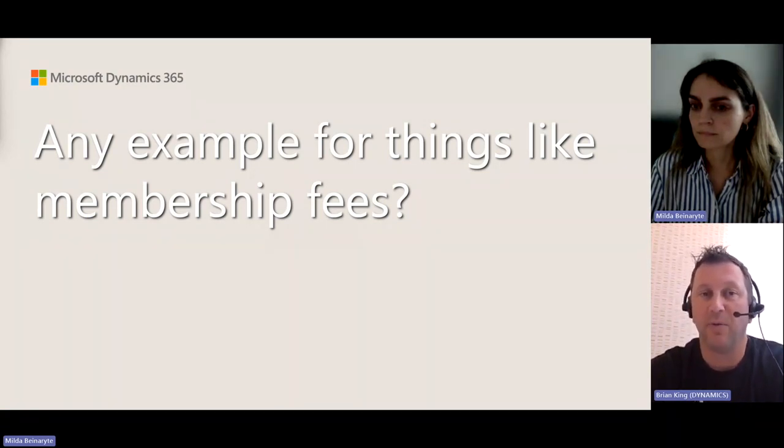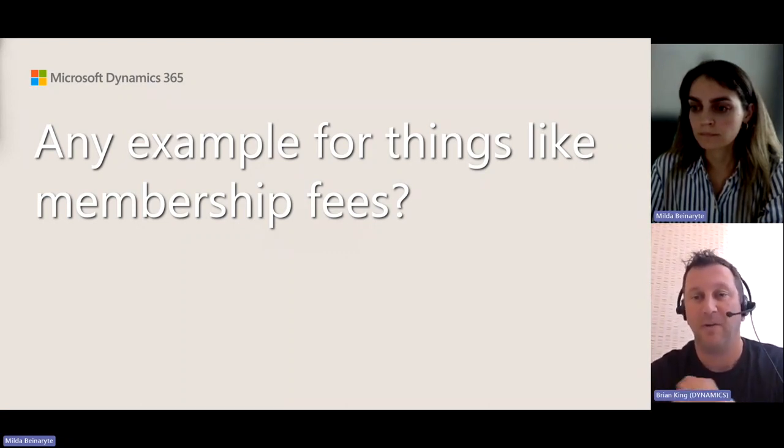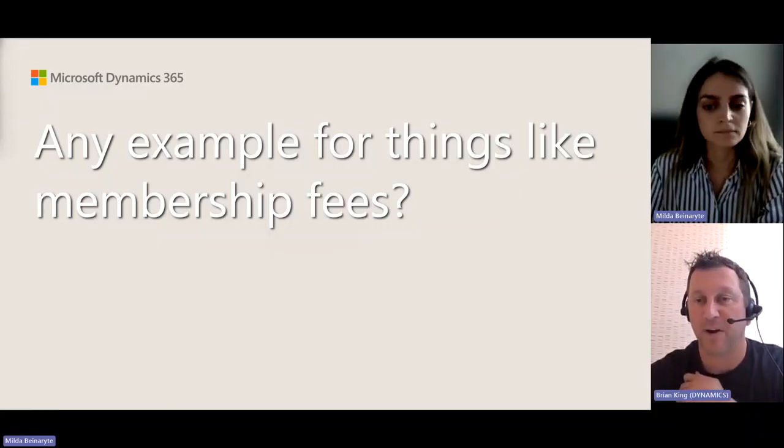You could use both of those pieces and track that way. For a membership fee, whether it's annual or monthly, you could have your billing schedule set with that frequency and the amount of what that billing should be, and then you can either bill it in advance or in arrears, depending on what you want to do. And you could also take it further if you had deferral scenarios along with it.